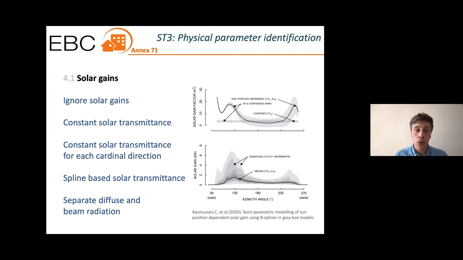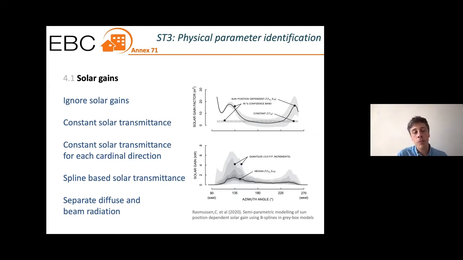Another approach would be to assume a constant solar transmittance, so that the solar gains are a constant times the solar irradiance touching the facade. Then you can also have constant solar transmittances for each of the cardinal directions, which is a bit more complex, but more or less similar to the previous one. And then the figure illustrates the result of that.